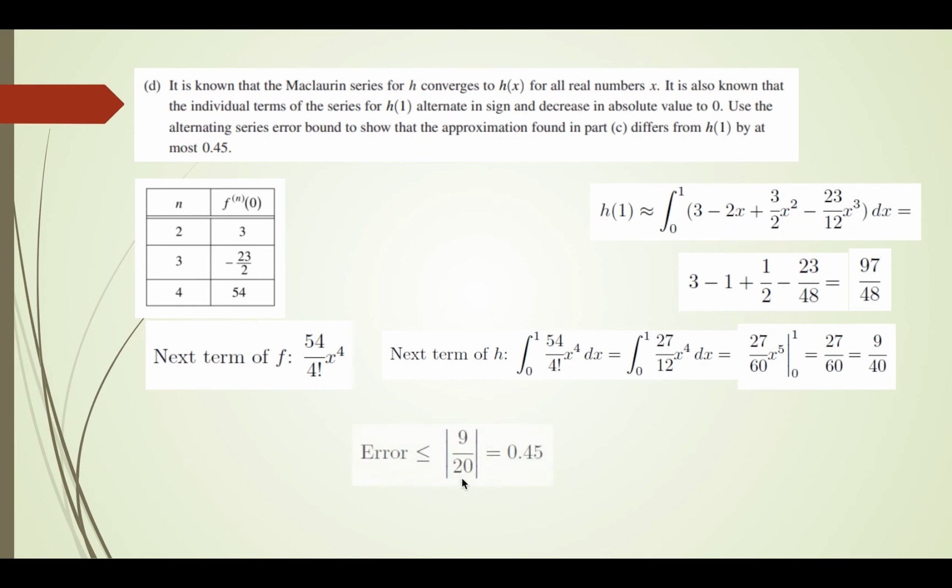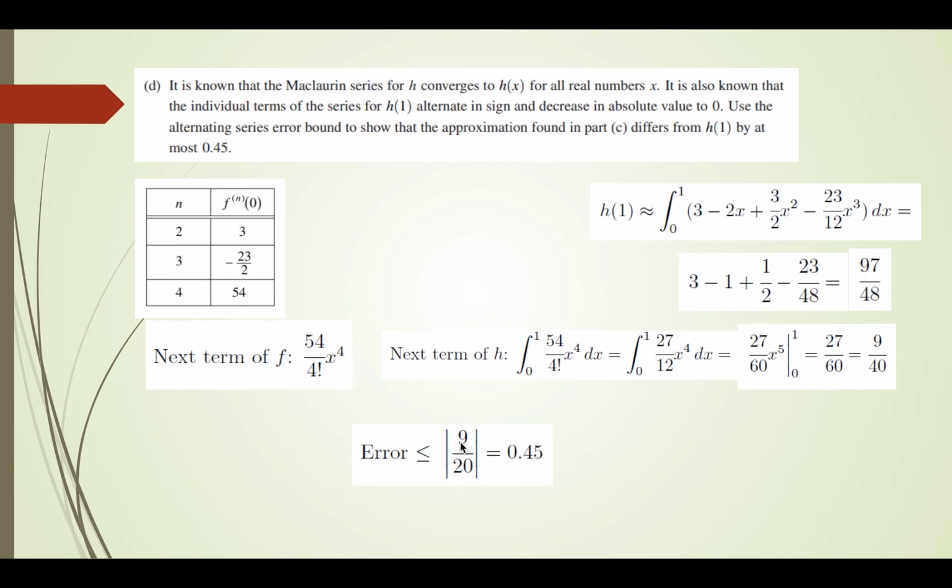So what that means is that your error at most is going to be the absolute value of 9 over 20, which just so happens to be 0.45, which is what they asked for in here. So again, for an alternating series, the error that you have in your approximation can be found by extending that alternating series one more term, and whatever that next term is, that is the maximum error that you could possibly have in your approximation.